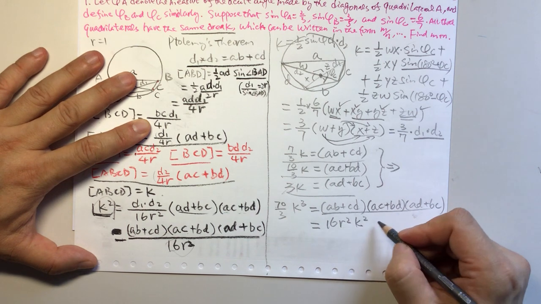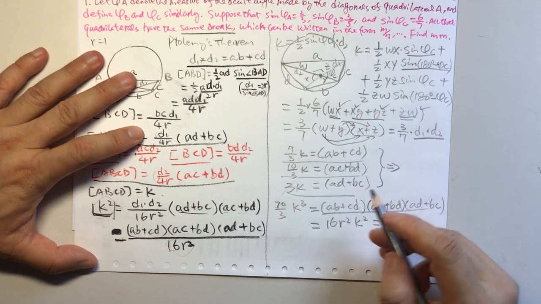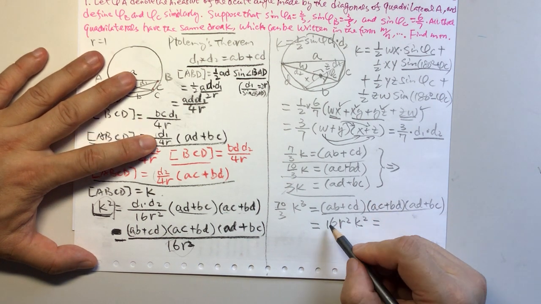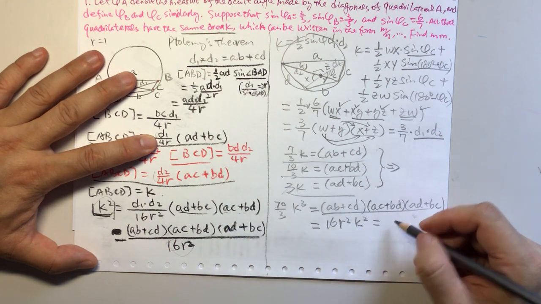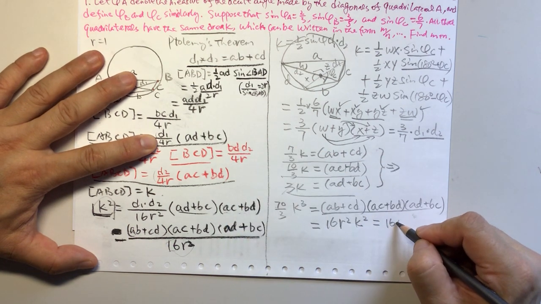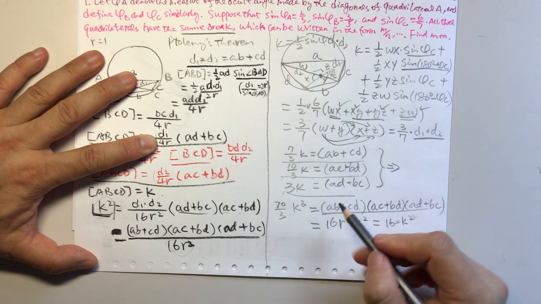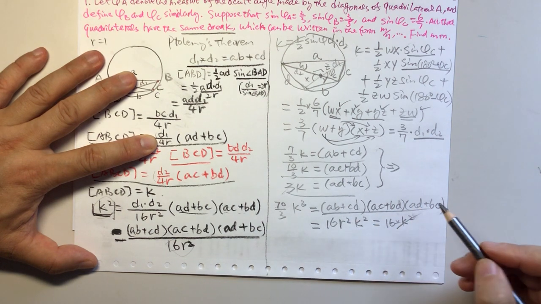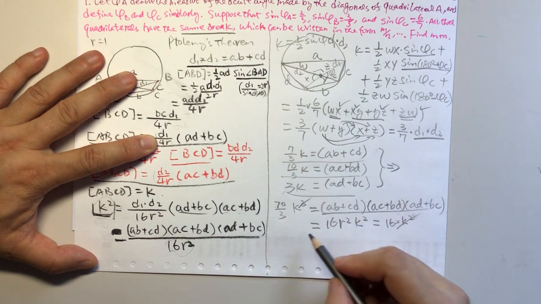We know r is 1 here. The radius of this circle is 1, so it is 16 times K squared. Now on each side we can cancel K squared, then K is left.